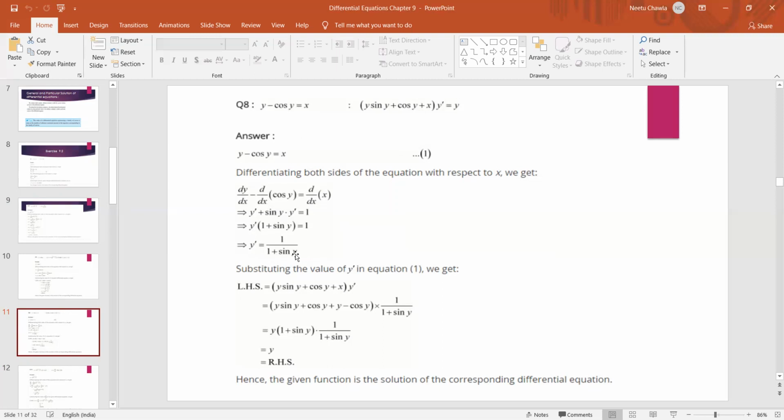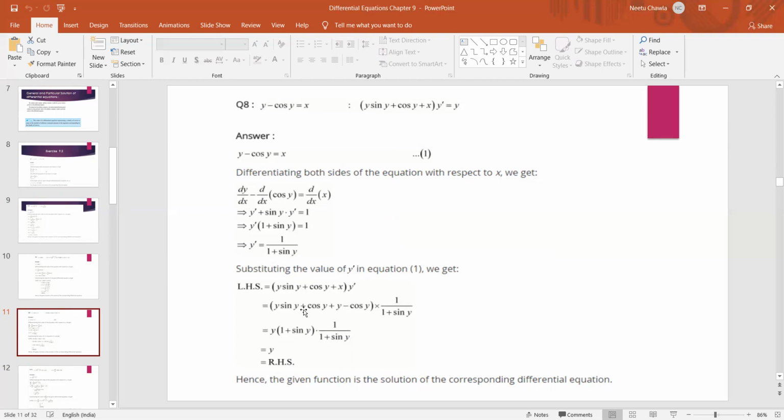Now this value of y dash, I am substituting in this equation. So it is y sin y plus cos y plus x. In place of x, I put the value from this given function, y minus cos y. So cos y plus and minus cos y will be cancelled out.